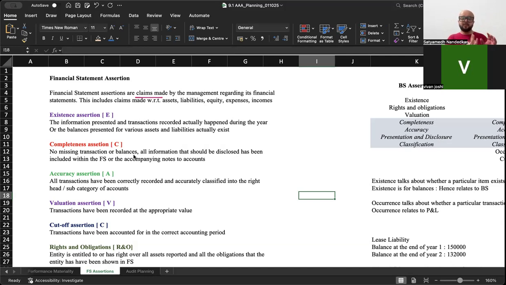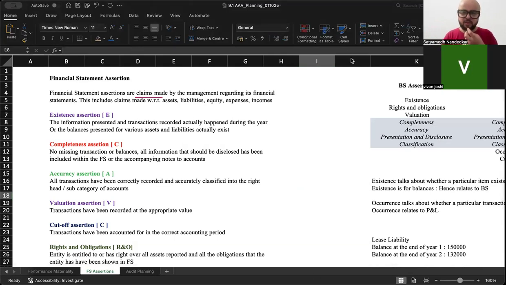When I say claim, say for example, I have a balance sheet. Let me show you Infosys ka balance sheet. It's a very good starting point for our discussion. This balance sheet is 2 years old.